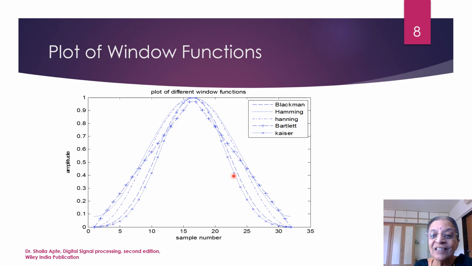You can see that this Kaiser window function resembles the Gaussian window, and the Fourier transform of the Gaussian window is almost the same as the Gaussian window. That means the side lobe amplitudes will be very, very small, but the computational cost will be very high. In case of Hamming window and Hanning window also, it is a smooth function. So the side lobe amplitudes will be low, but in that case, the main lobe width will increase. You can see that the main lobe width is large.